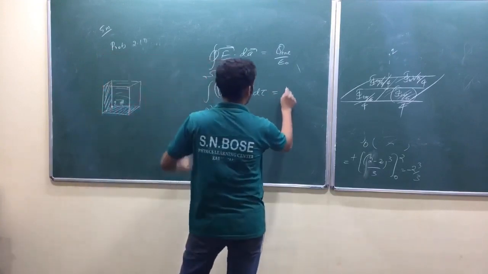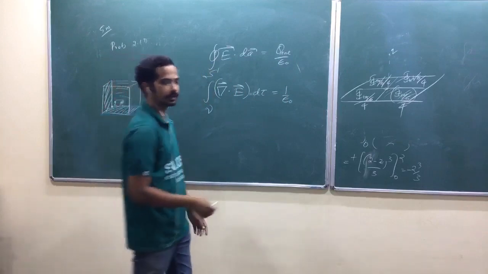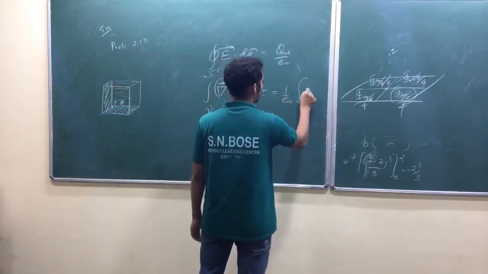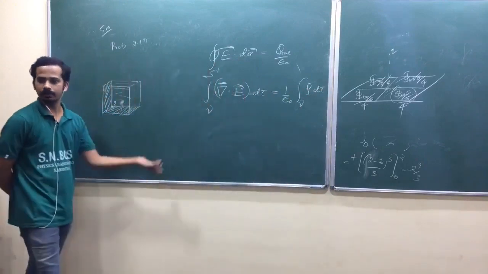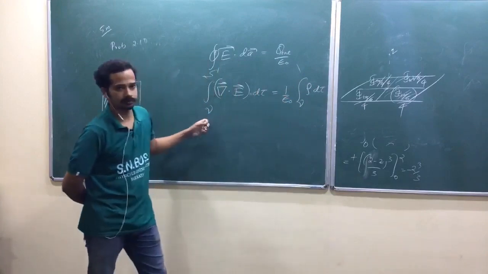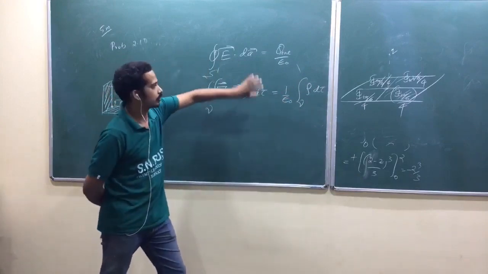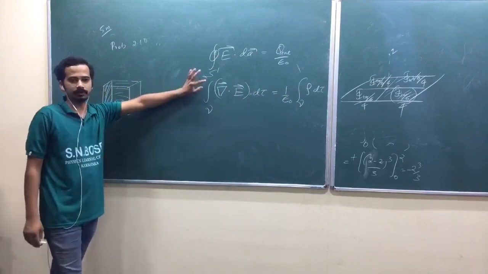So now 1 by epsilon naught. What we write here, enclosed charge, we can write again as the volume integral of charge density d tau. Charge density means charge per unit volume, into volume. We are integrating throughout the same volume. Q enclosed, what do you mean by that? Charge enclosed by the surface, isn't it?